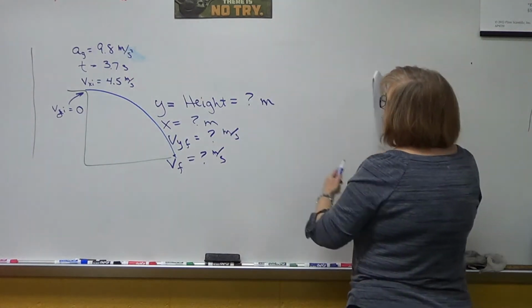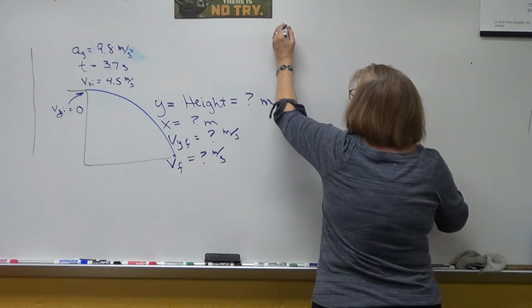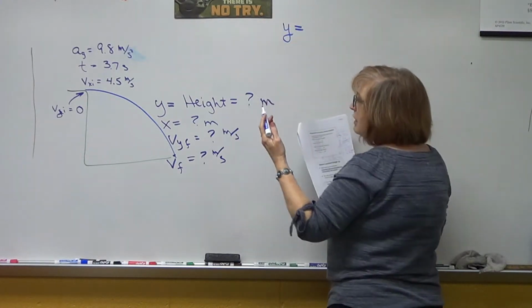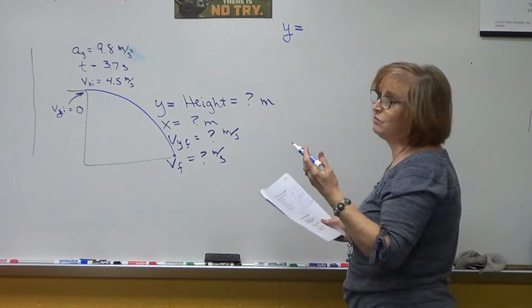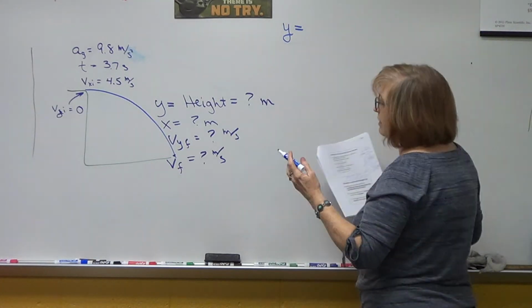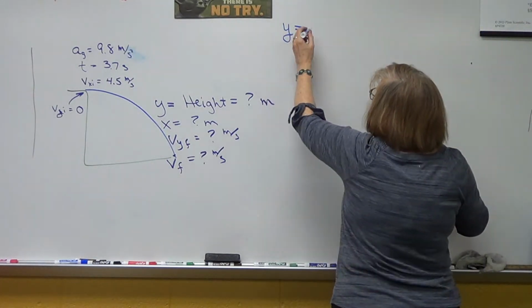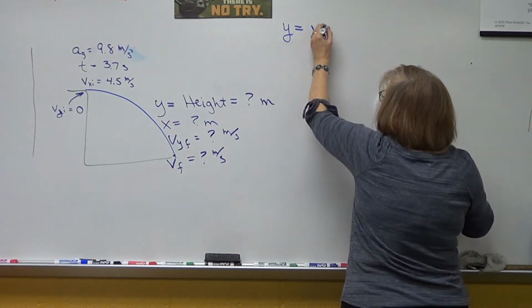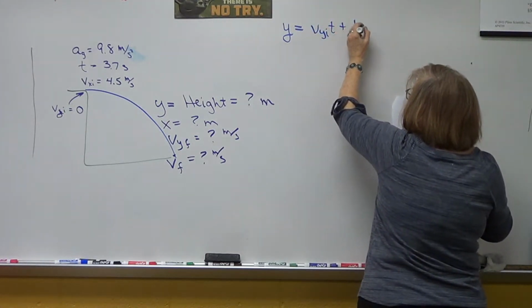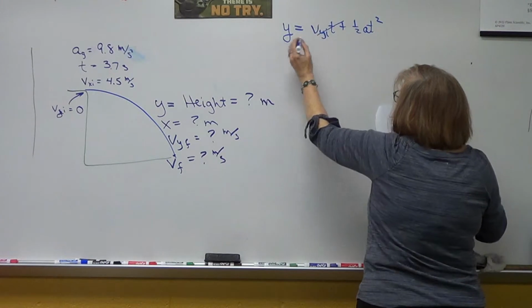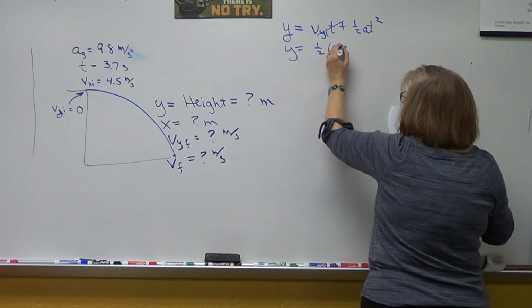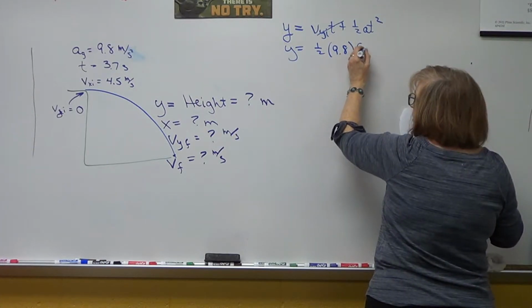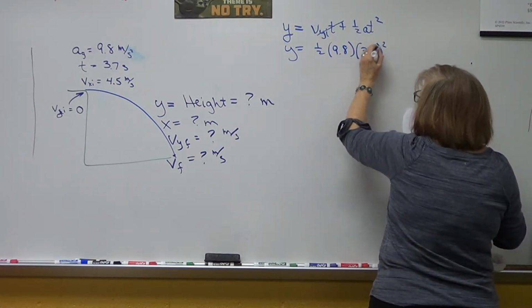Doesn't matter. So y, you look at your kinematic equations for which one you can use. There's two of them, but the only one that we've got is the one with time, because the one that has displacement in it, we don't have that. So we've got y equals VYI t plus 1/2 a t squared. Lovely. That falls out. We're left with y equals 1/2 times 9.8 times the time, 3.7 seconds squared.